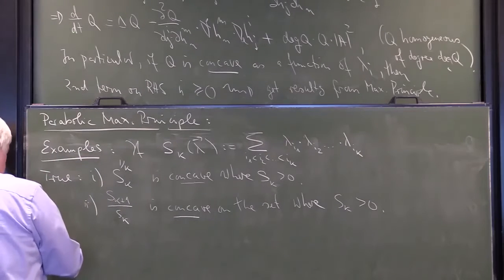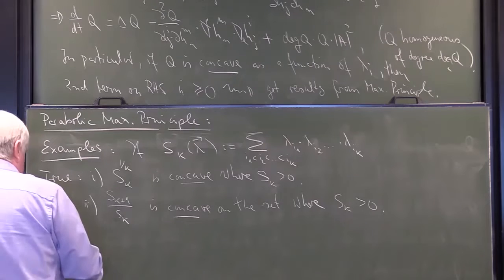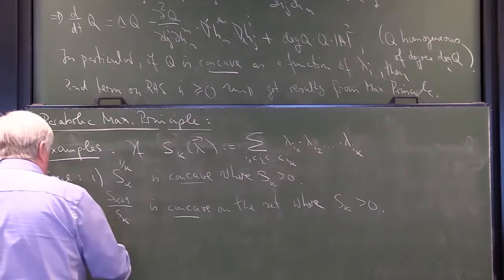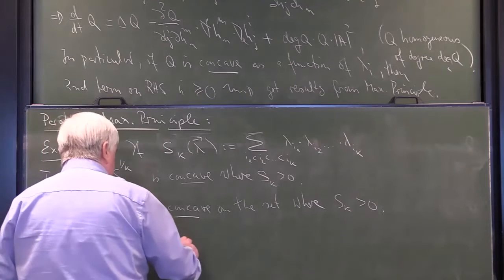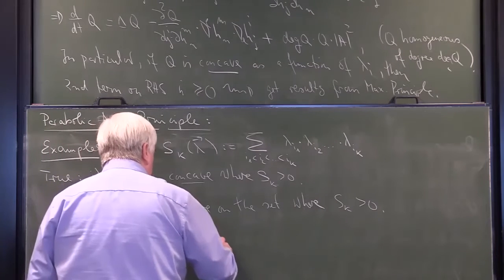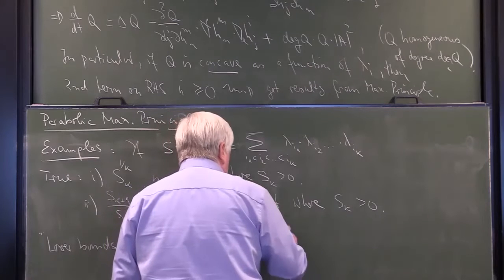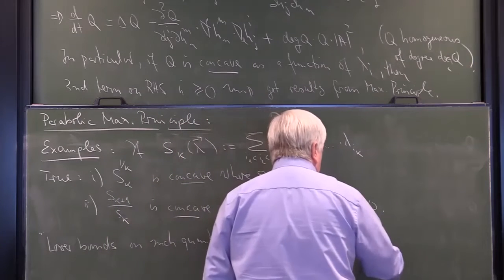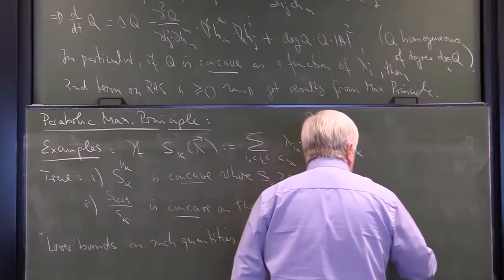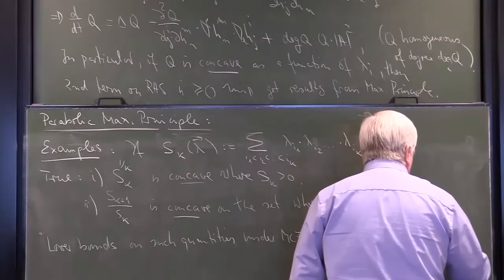So in particular, the meta theorem is lower bounds on such quantities under mean curvature flow can be obtained by the maximum principle.